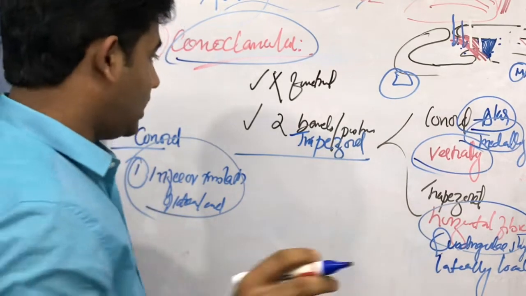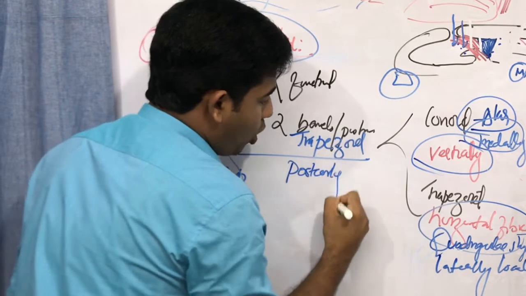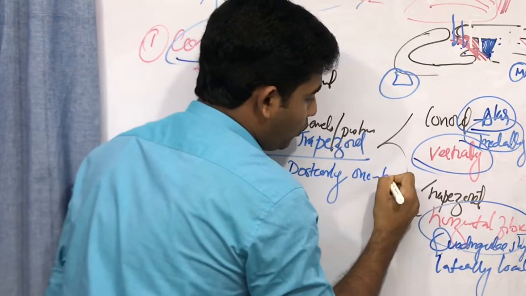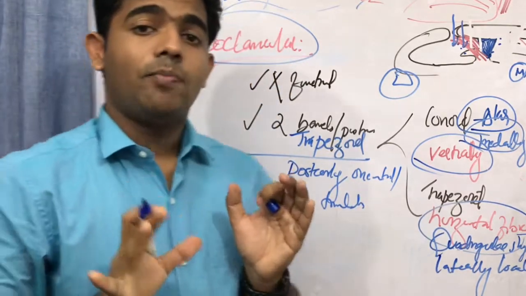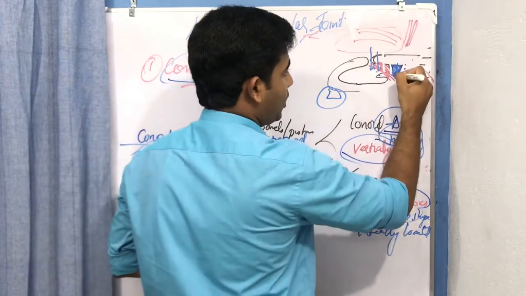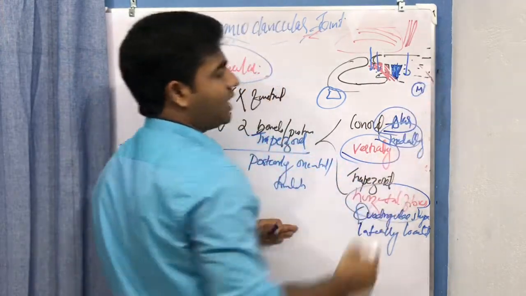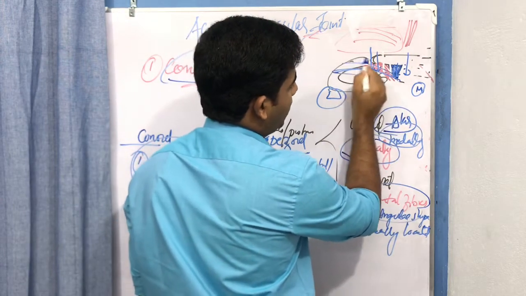Whereas the trapezoid prevents posteriorly directed or posterior translation, because you know that these fibers differ in their direction. For example, this is vertically oriented, so it will prevent inferior translation. Whereas this one is horizontally oriented.